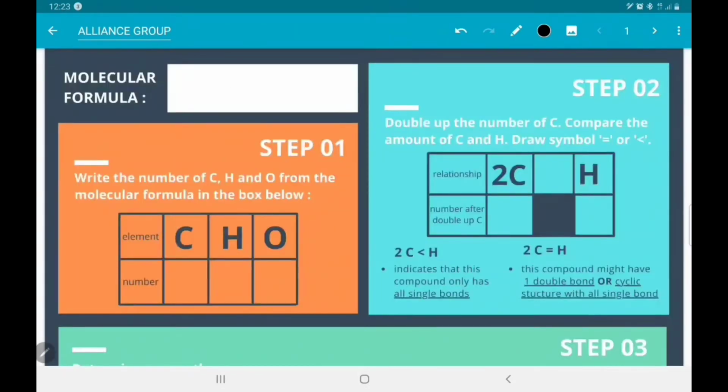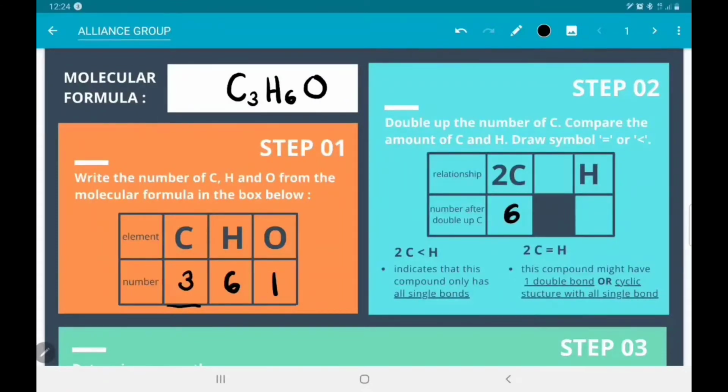Example 3, we have C3H6O. So the first step is write the number of carbon, hydrogen and oxygen. Carbon we have 3, hydrogen we have 6, oxygen we have 1. Step 2, double up the number of carbon. So we have carbon 3, double up, we will get 6.